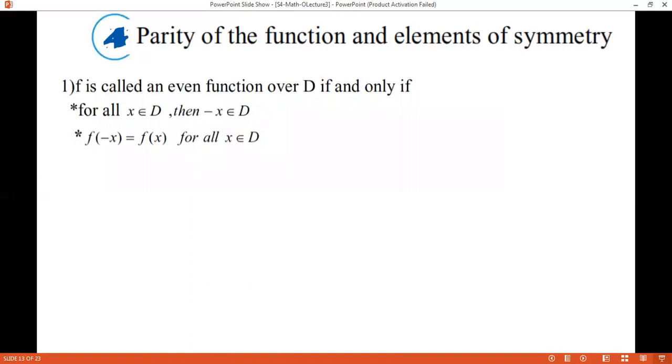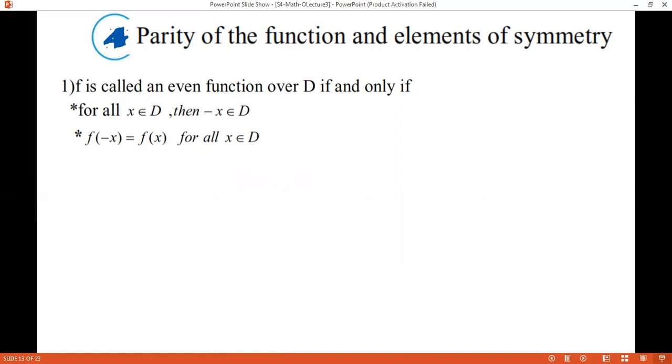F, or f of x, the function, is called an even function over D if and only if for all x belonging to D, minus x also belongs to D. So if you replace x by minus x, you are going to get the same function. So in order to know if a function is even, you have to find f of minus x.